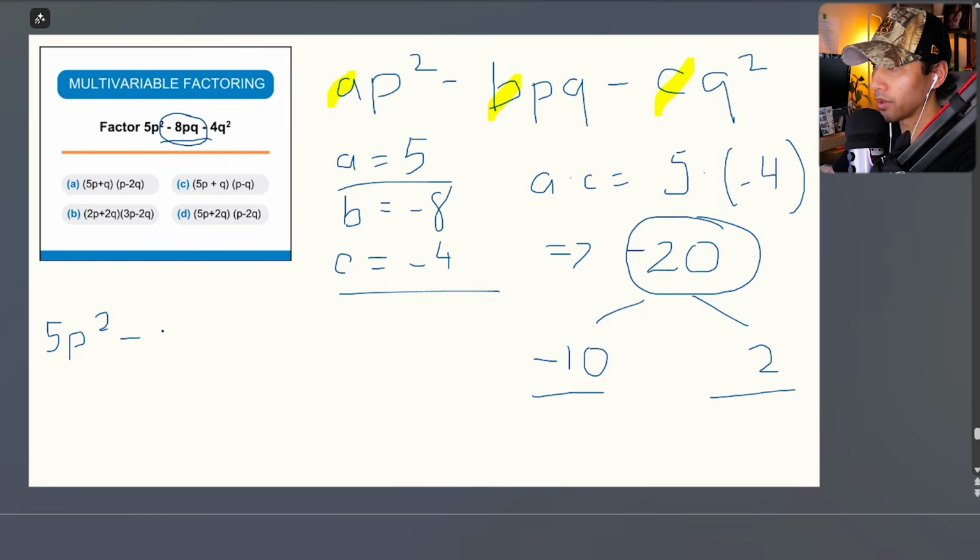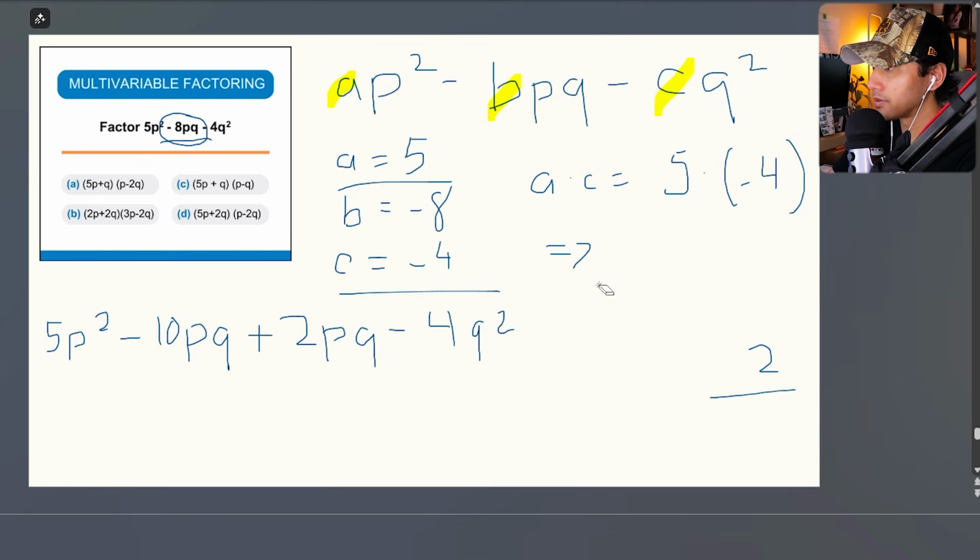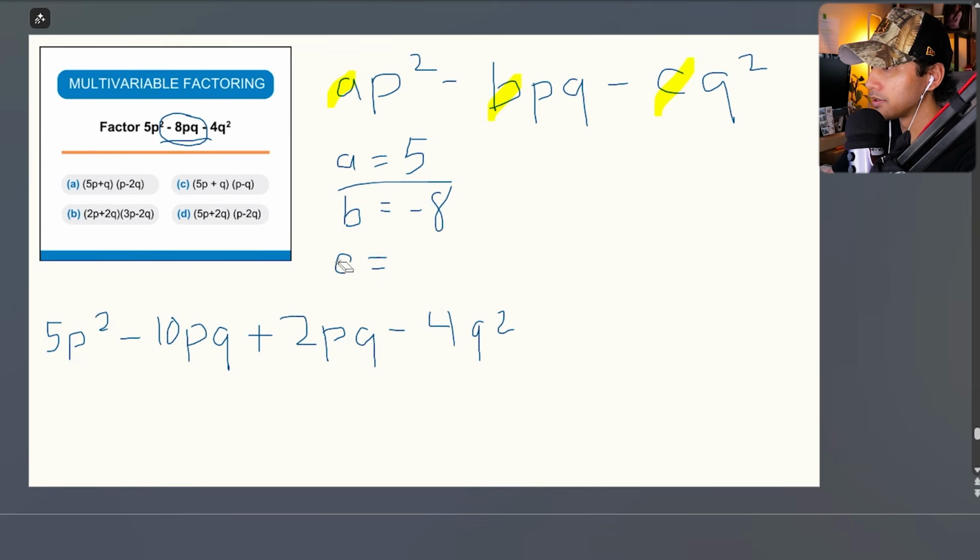Okay? So -10pq plus 2pq minus 4q squared. That is now our equation. And now we could just do some math, do some algebra to figure out how we got one of these answer choices.